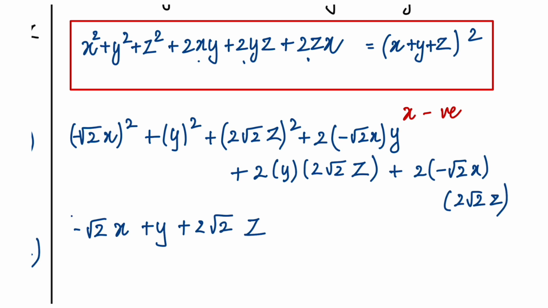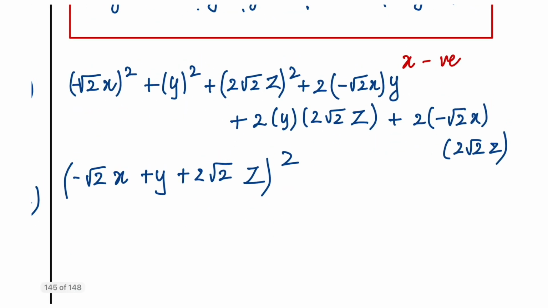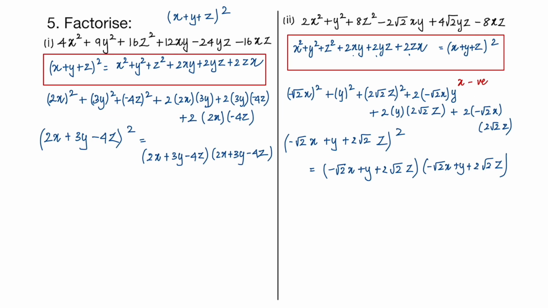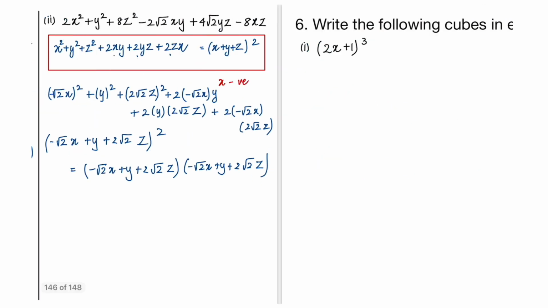Minus 2 root 2z the whole square. The same procedure, and this can be further written as minus root 2x plus y plus 2 root 2z into minus root 2x plus y plus 2 root 2z. So that is the factorized form. We have just used this one single formula, and be sure to write it in every question that you solve.